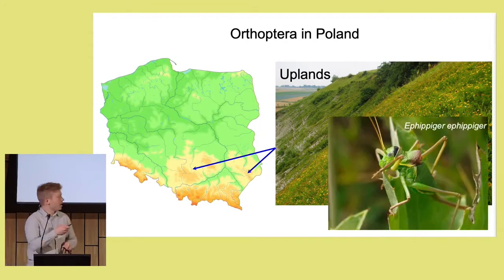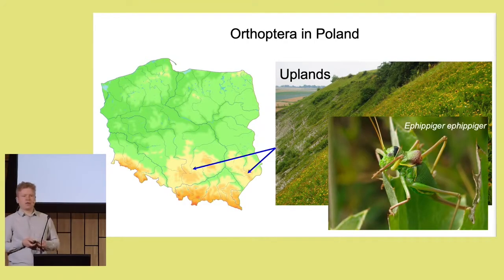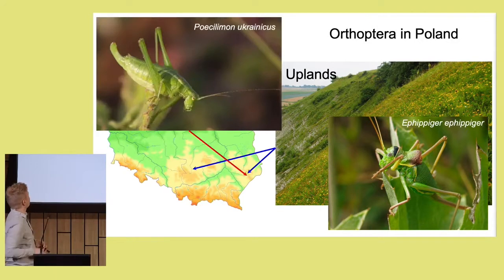I think I chose Ephippiger because it's widespread there, and it occurs especially in these uplands in xerothermic grasslands. But I also wanted to show one special species, Poecilimon ukrainicus, that has the northwestern edge of its range in Poland, but only occurs in the eastern parts of the Polish uplands.